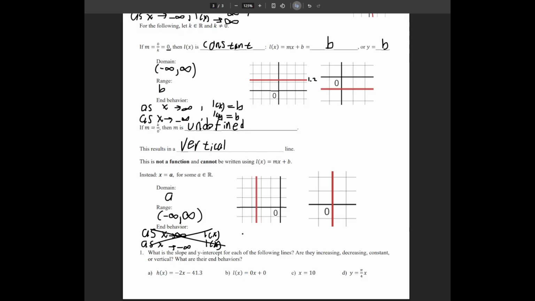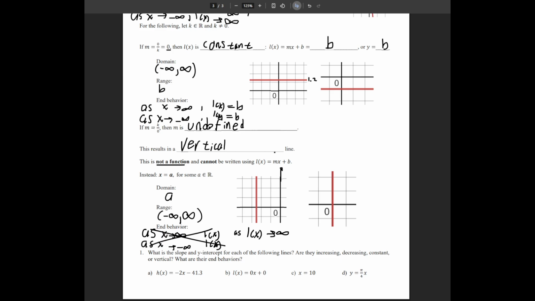What we're going to do is swap it up a little bit. We're going to flip the order. We don't normally do this, but since this is not a function, it changes things around. We'll say as L of x approaches infinity. So again, normally you're not supposed to work with these, but you can write it this way.